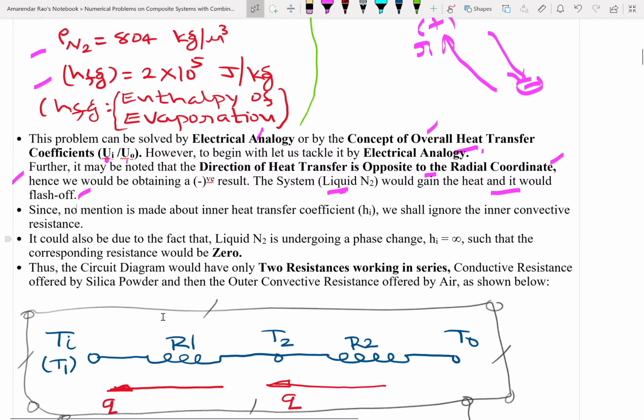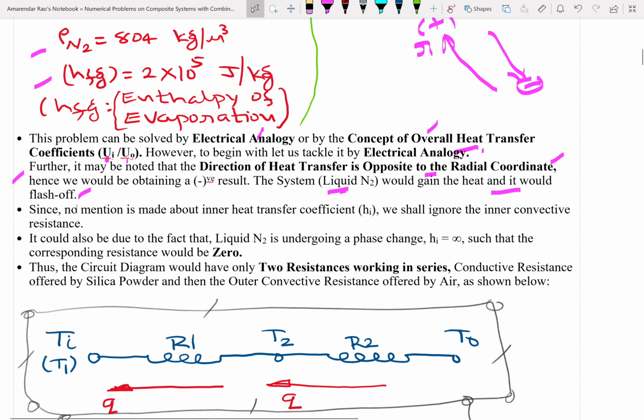Since there is no mention made about inner heat transfer coefficient hi, we can ignore the inner heat transfer resistance or inner convective resistance. Physically, we may interpret that since liquid nitrogen is undergoing a phase change, the corresponding heat transfer coefficient is going to be almost infinity, tremendous.